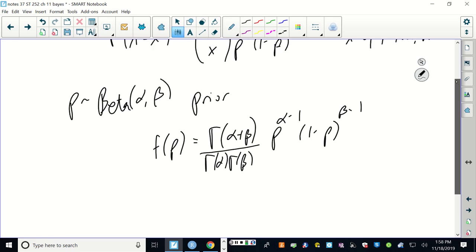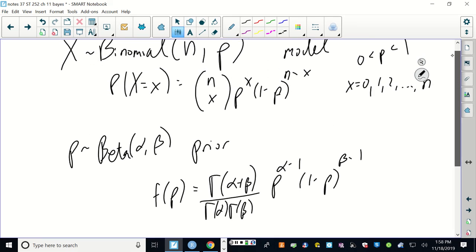And so what we want to do is, conditional on p, given p, this is the probability of x. And here's the probability of p. Now, we're going to observe x. You're going to flip the pigs a few times, and we're going to see how many times they land on their snout or on their feet, or whatever we decide to do.